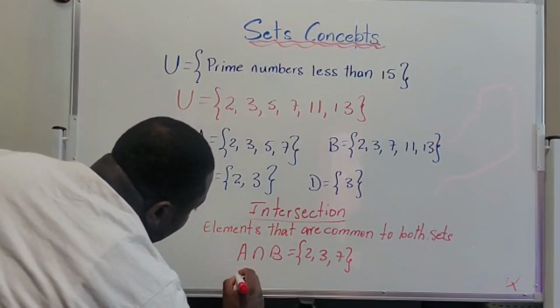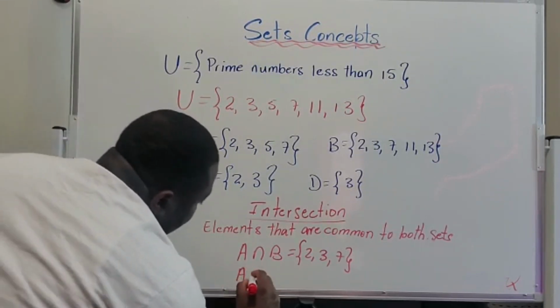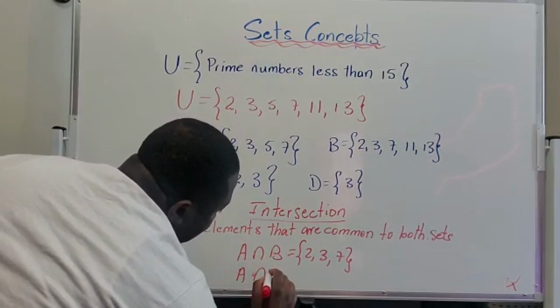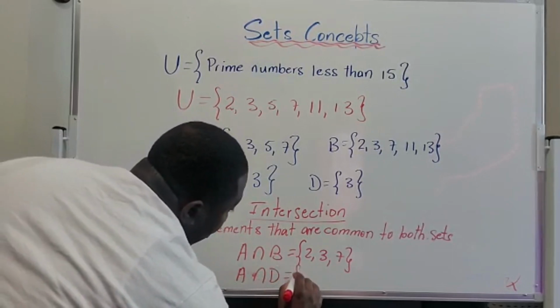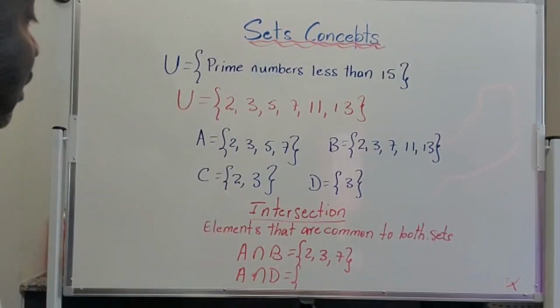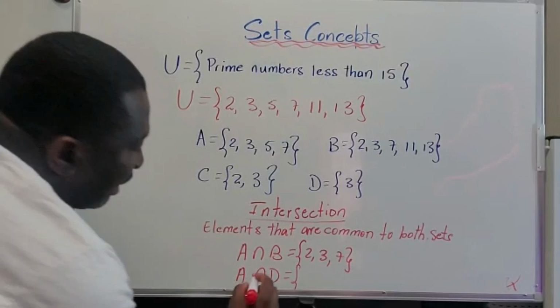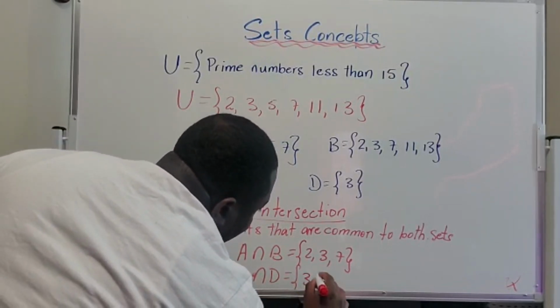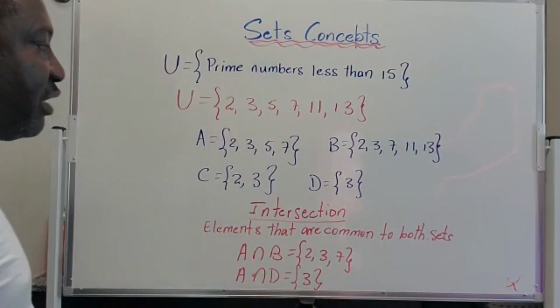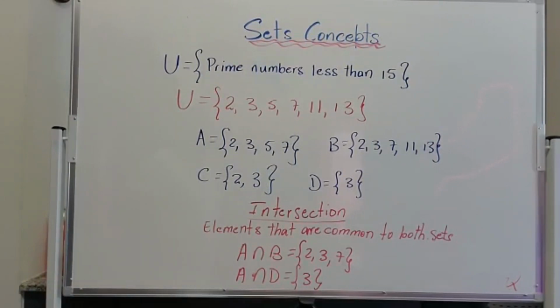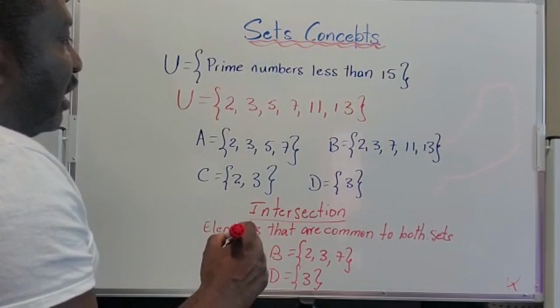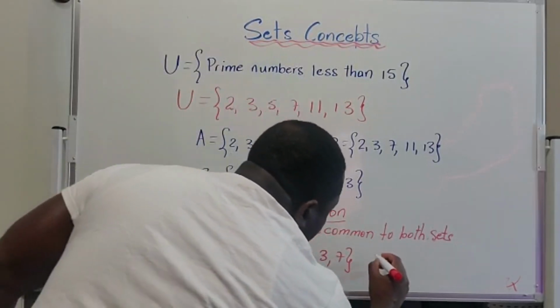Let me try another one here. A intersect D. Are there any elements that are common to A and common to D? Yes. The element in this case is one single element, which is 3. What about C intersecting B?